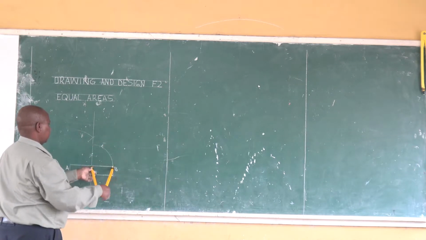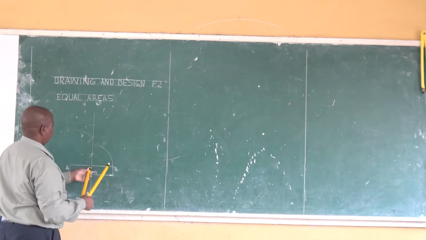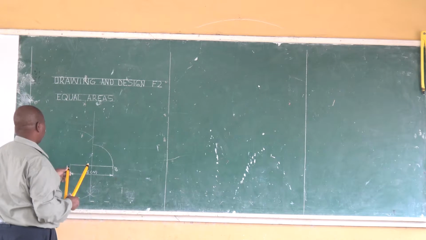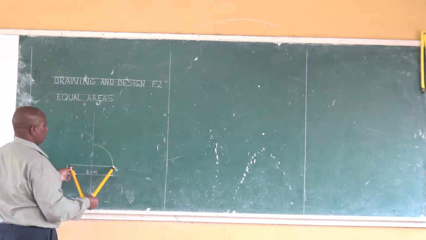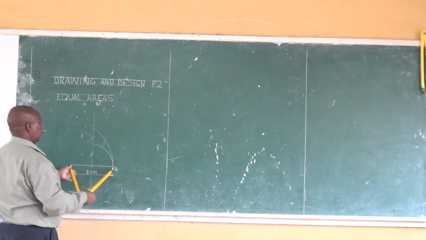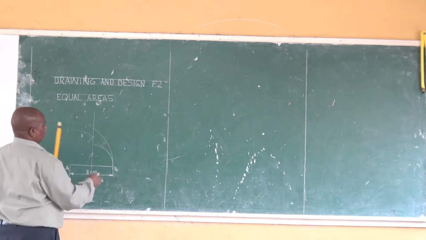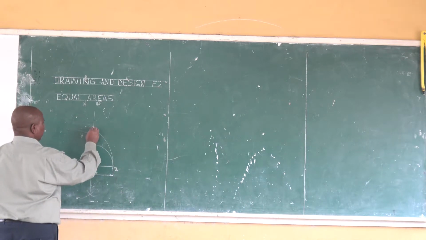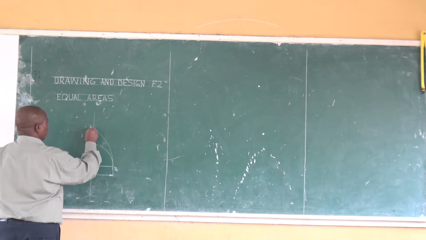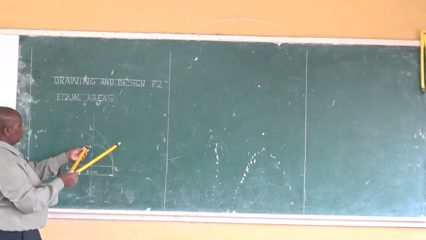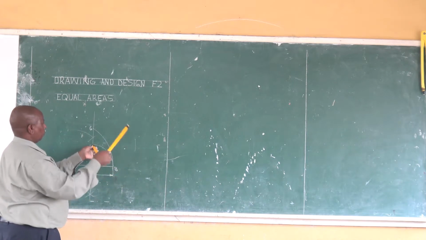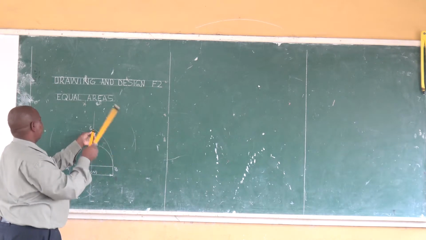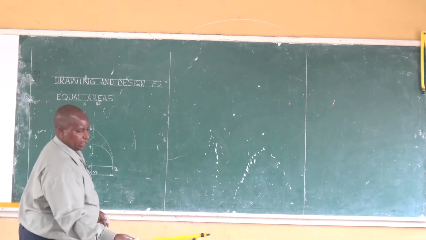Taking that radius, we can get an angle of 45 degrees. And if you take the entire length of AB, we can get an angle of 60 degrees. When we bisect the difference, at the end of that arc of 45 degrees, we write 4, and at the end of the arc for 60 degrees, we write 6. So we try to locate the point 5 by bisecting the difference between 4 and 6.